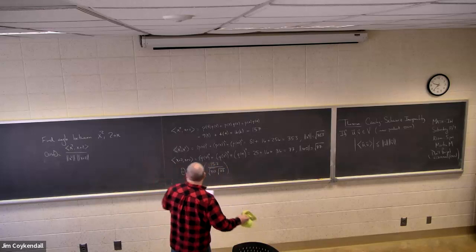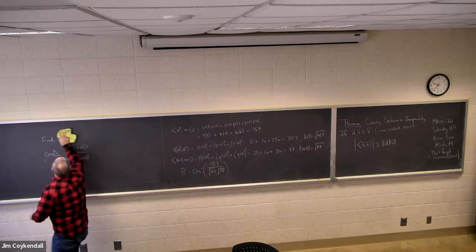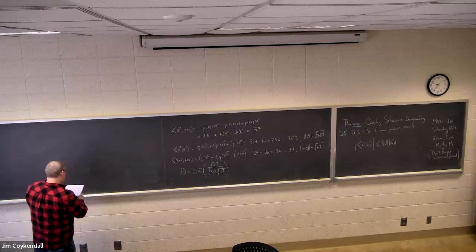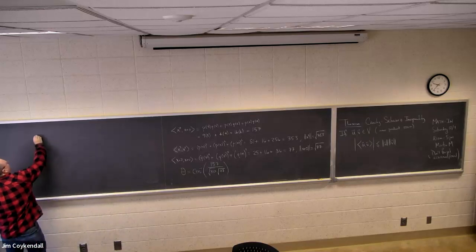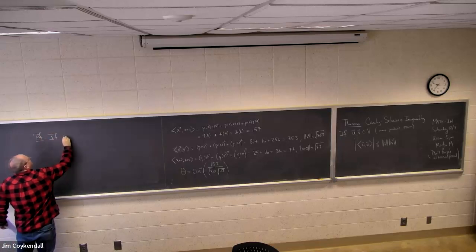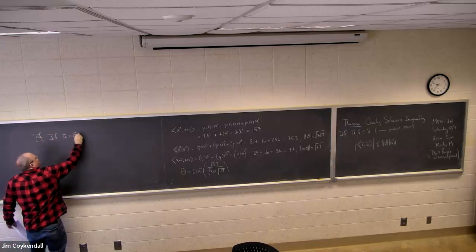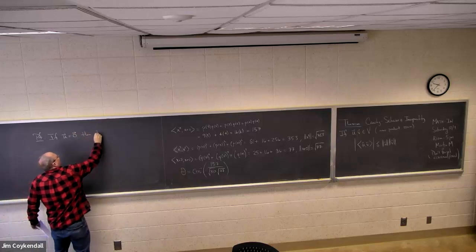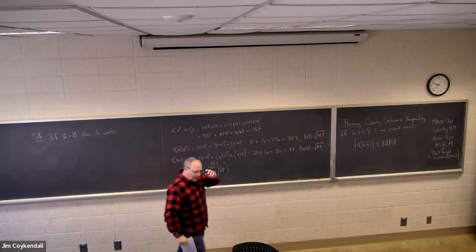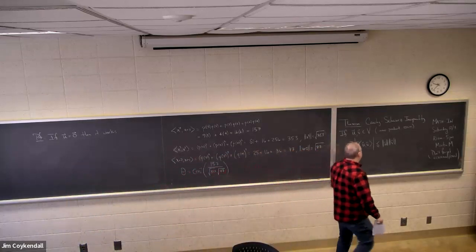So I'm going to prove this very quickly, as with the triangle inequality. Proof. If u equals 0, then it works. Okay, that's a bit of silliness, but let me explain this.